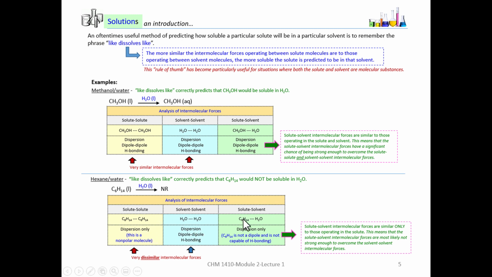They are a little bit similar to the forces, of course, between hexane molecules. But overall, the solute-solvent intermolecular forces are just very dissimilar. So like dissolves like would say, no, we'd probably predict that these would not be soluble or miscible in each other, and they are not.